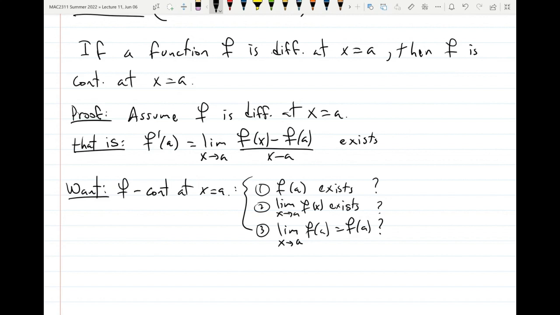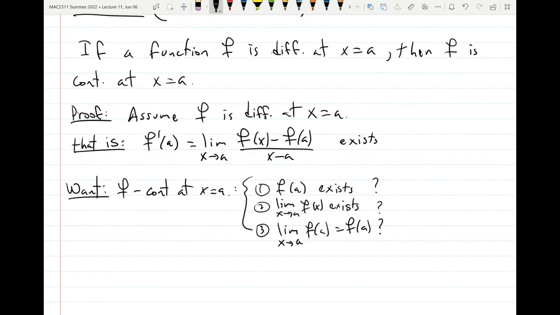I claim that number 1 is implicitly answered already. Who can tell me why? Because the tangent line exists. Exactly. Because the tangent line exists. And also look at this. We're saying that this limit exists, right? This limit has f of a in it, right? So for this limit to exist, the first thing is that you have to be able to make sense of f of a.